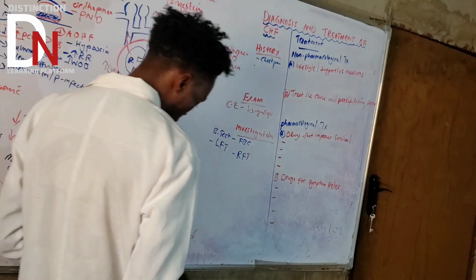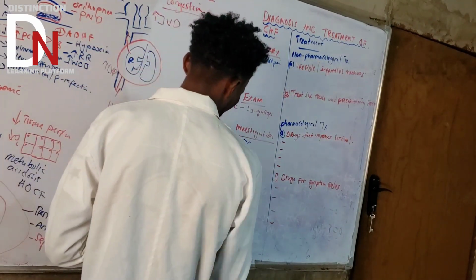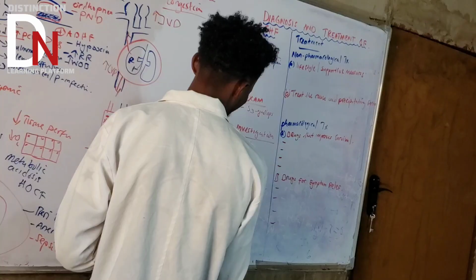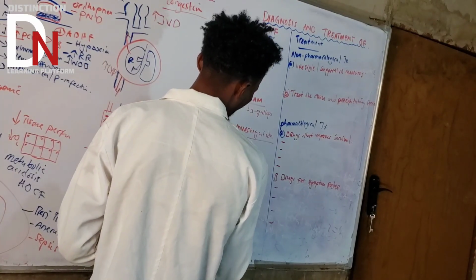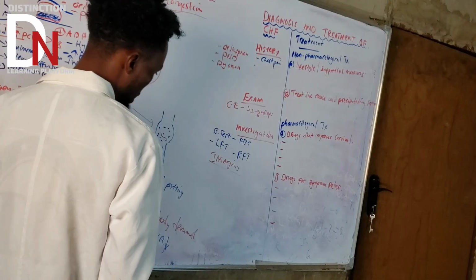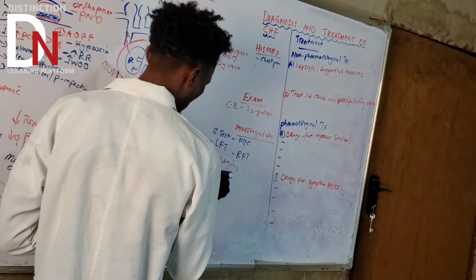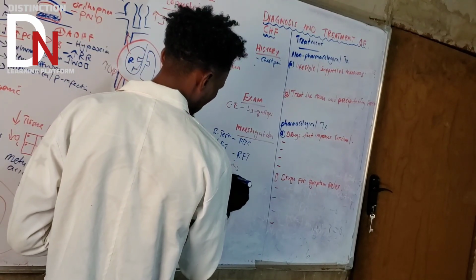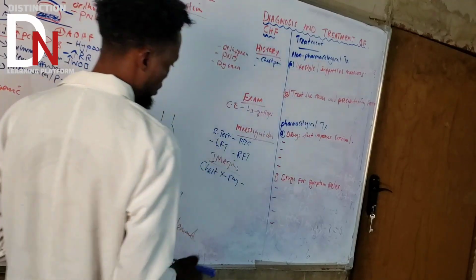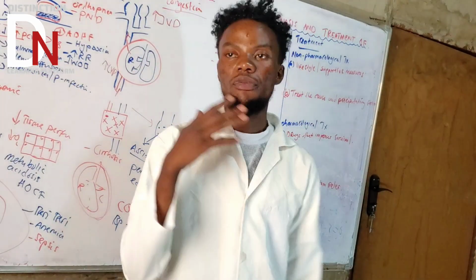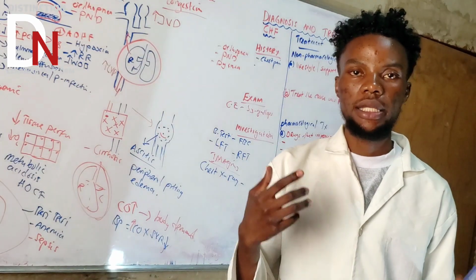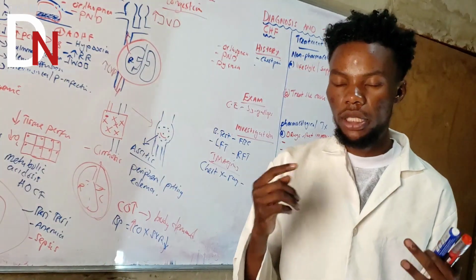Then the other important aspect that I need to talk about is imaging. Apart from the blood tests, the very, very important one is the chest X-ray. From the chest X-ray, you can see the Kerley B lines.